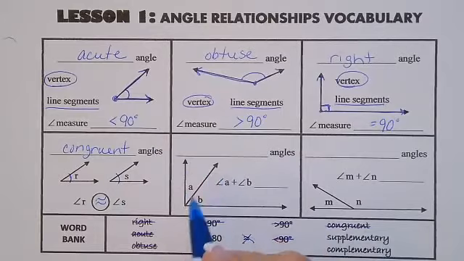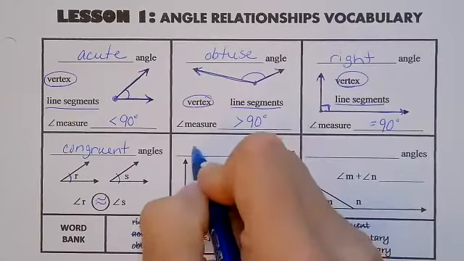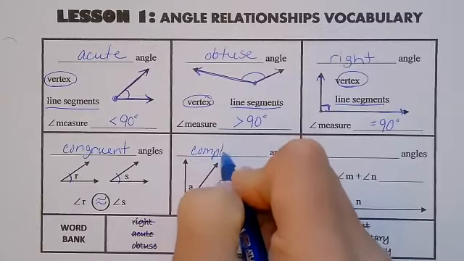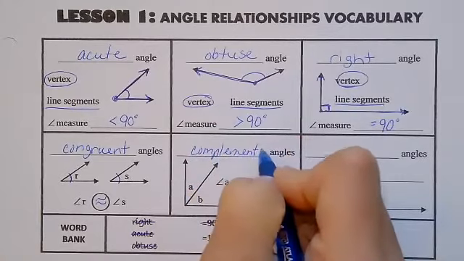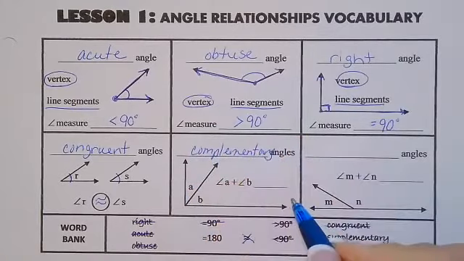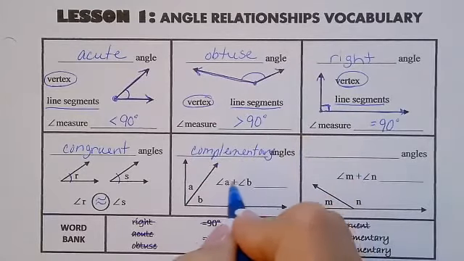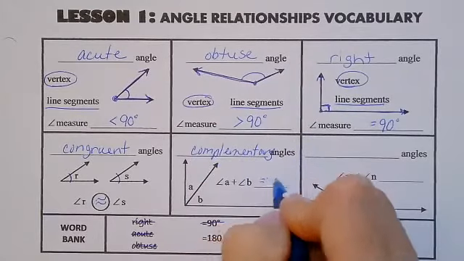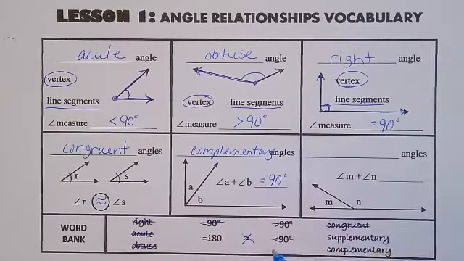Okay, here we have two angles, A and B, and together they make a complementary angle. Complementary. And when you add them together, they will equal 90 degrees.